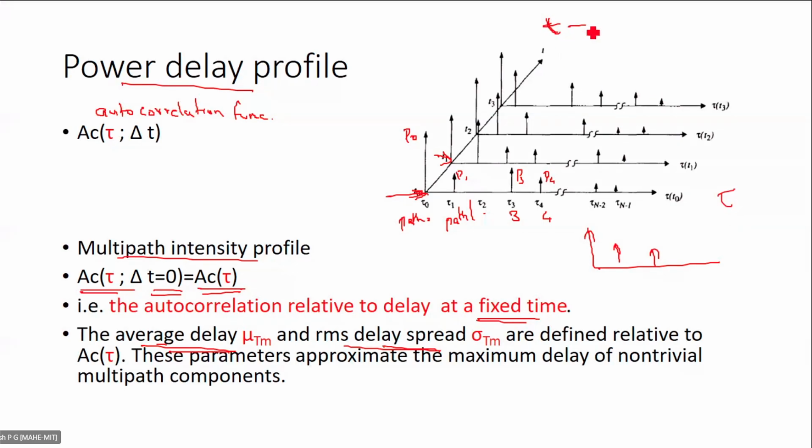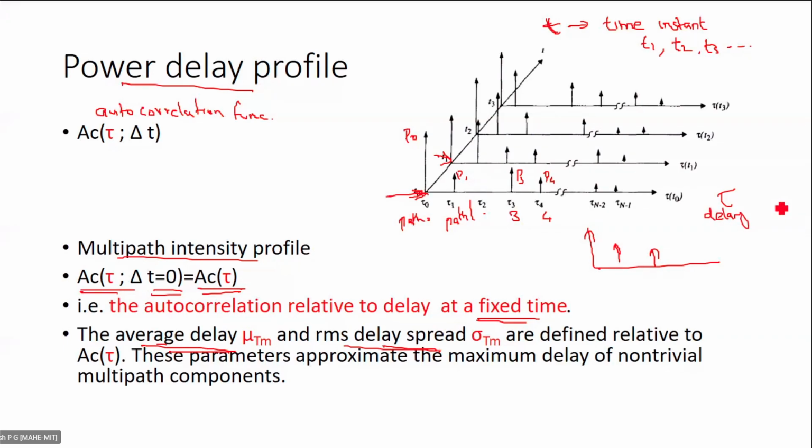So t means we are observing at different time instances, right? Let us say that you're observing the channel at T1, or at T2 or T3, etc. So t is all about at what time you're observing the channel. And tau is about delay.